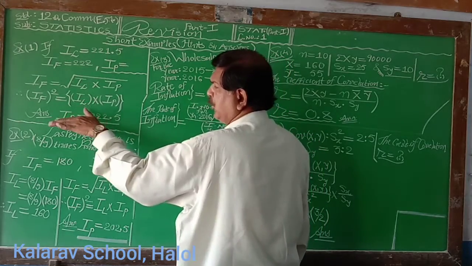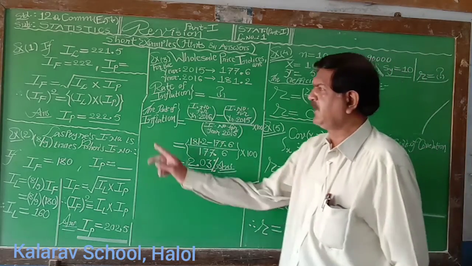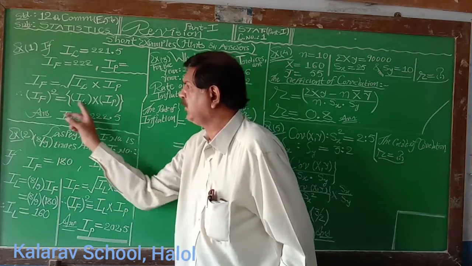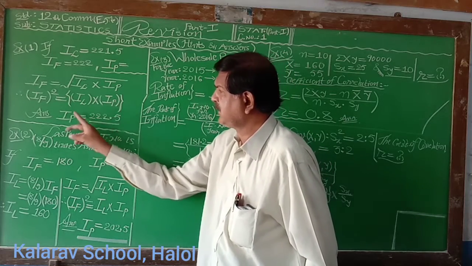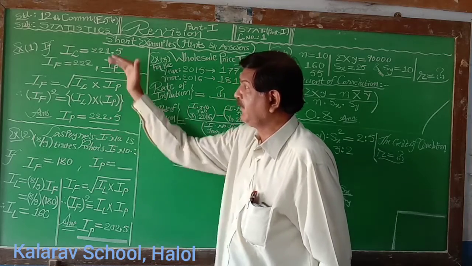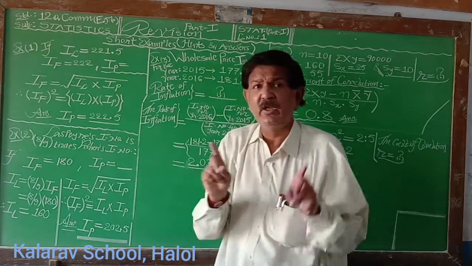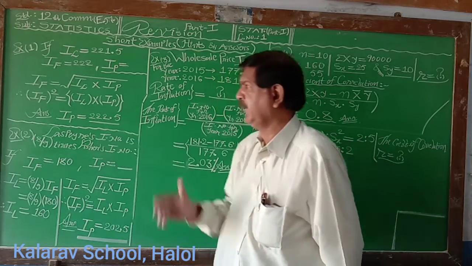Now by substituting the values and by making simplification, you will get the answer IP equal to 222.5. Remaining calculation in between, leave it to you. The final answer is 222.5.